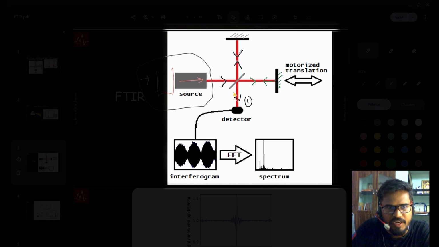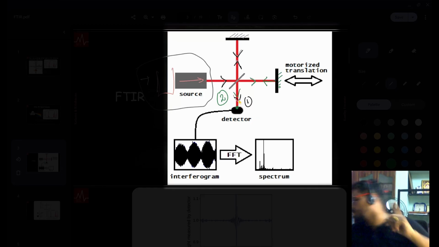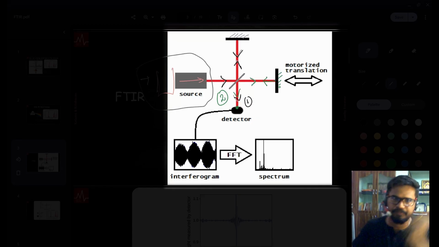So the green also arrives here. Light at the detector arrives through two different paths, 1 and 2. If you want me to make it slightly bigger, okay. So from the source, the second path, and from the source, the first path.